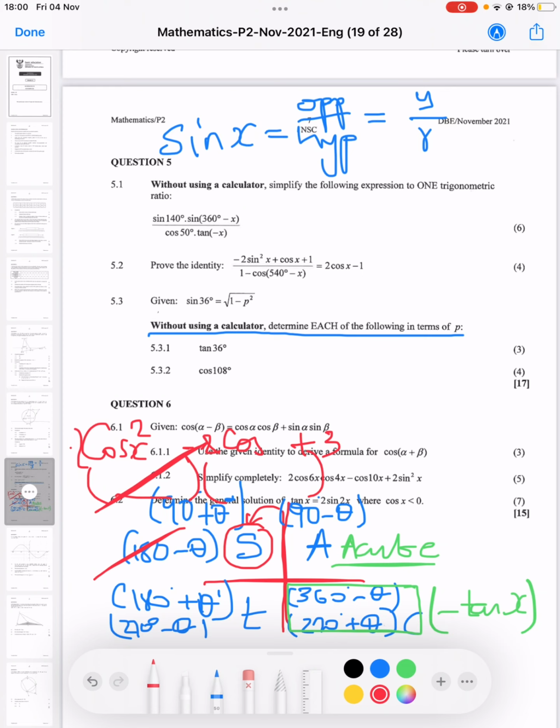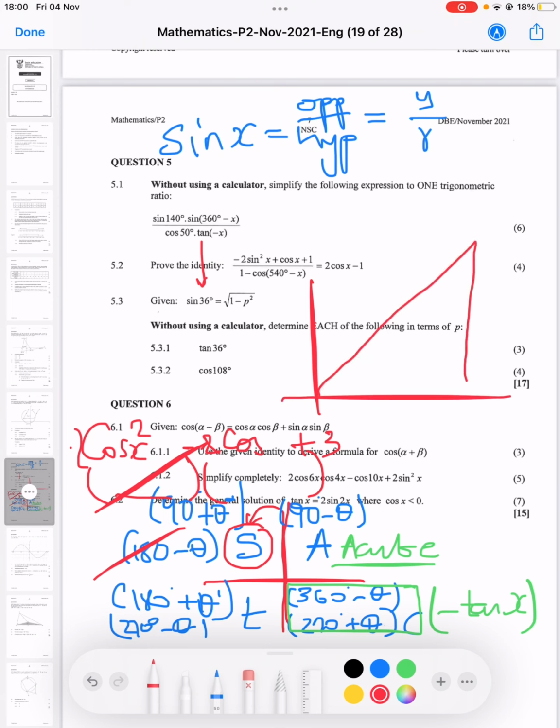So you can see this angle falls in the first quadrant. That is why you are just going to have a drawing in the first quadrant where you have your triangle, and then you have your angle there being 36 degrees.